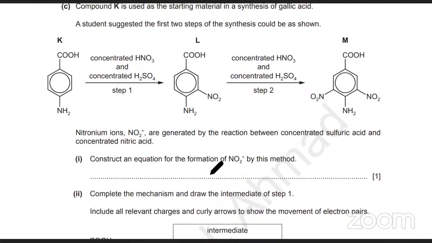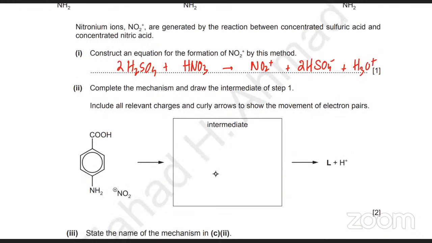So construct the equation. We can do that: 2H2SO4 plus HNO3 forms NO2+ and H3O+. And again, he's talking about the NO2+. Where will the NO2+ get attached?